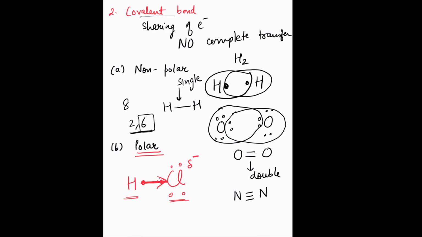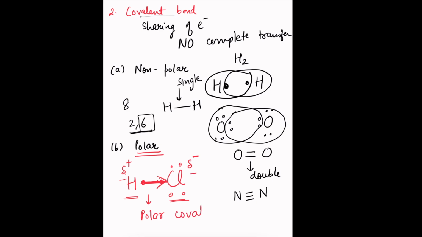Why positive? Because it is giving away some of the electron towards chlorine. So because again it's sharing, this is known as polar covalent bond because it acquires polarity. Polarity means separation of charges is happening. But one of the key points to note is again sharing of electron is taking place.